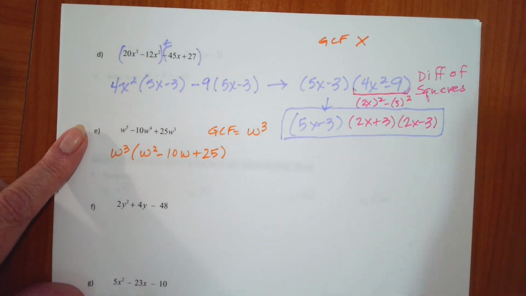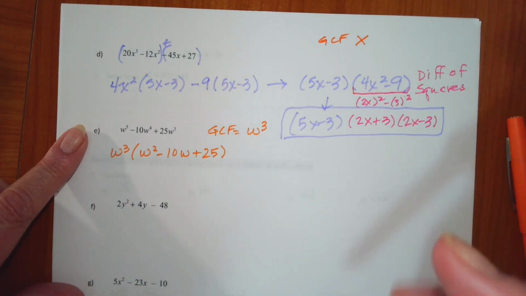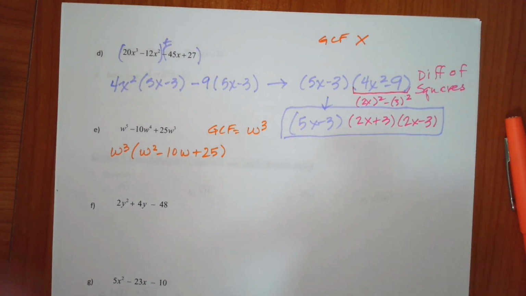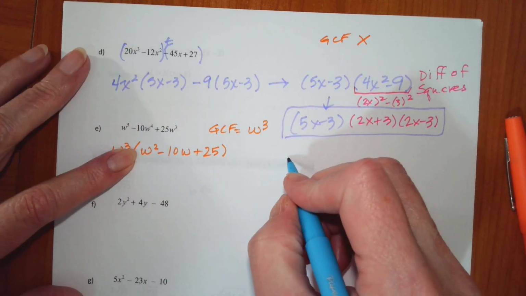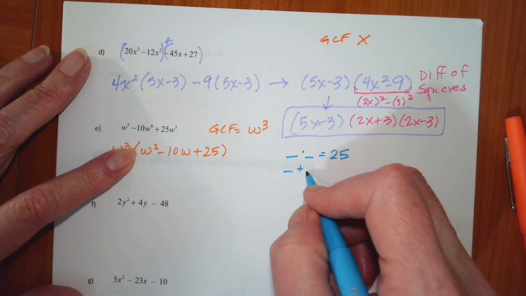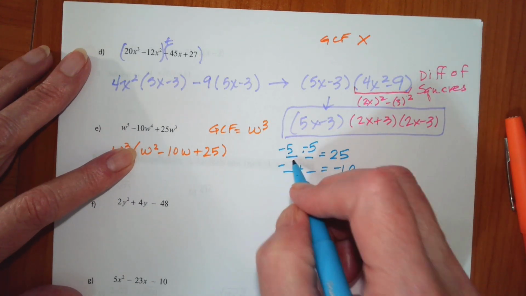I am looking for two numbers, since my leading coefficient is 1, whose product is 25 and whose sum is negative 10. Of course, they're negative 5 and negative 5.